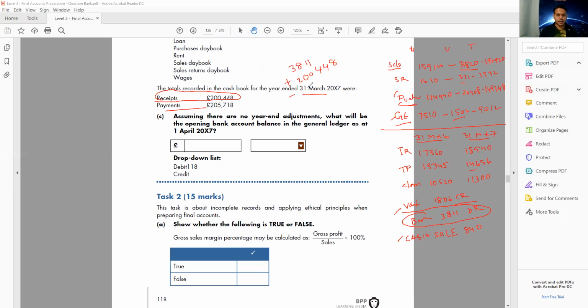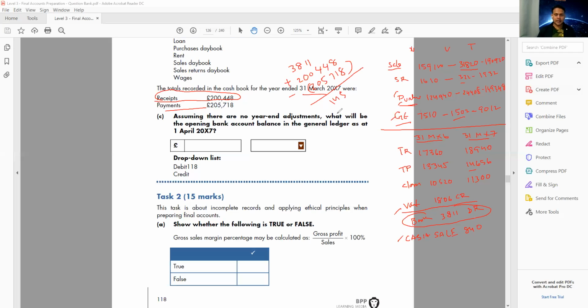So minus 205,718. How much money do you have on the bank? So 3811 plus 200,448 minus 205,718. 1459. Okay.